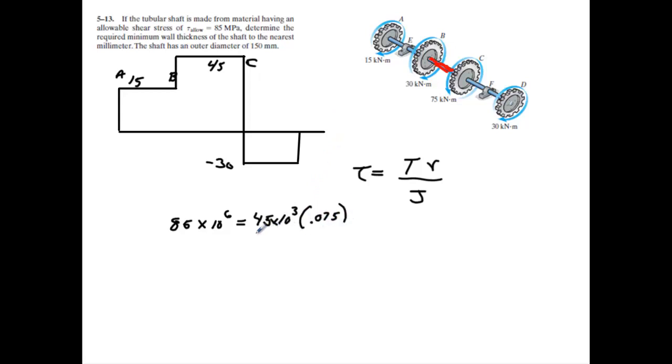And then all we have to do is divide by the polar moment of inertia. Again, it's hollow, and the hollow is always going to be this, pi over 2 times outer radius to the fourth power minus inner radius to the fourth power. I'm sorry, fourth power.